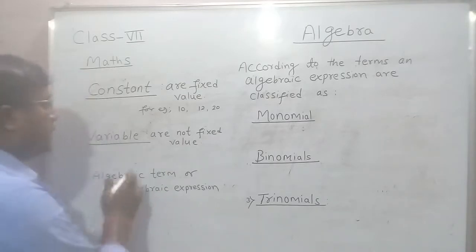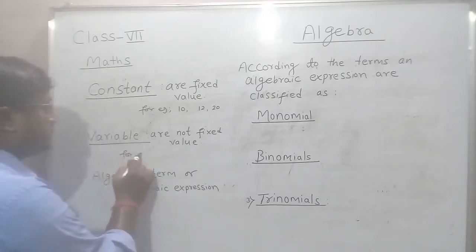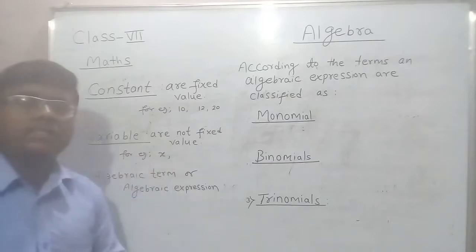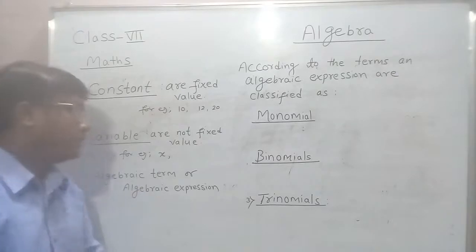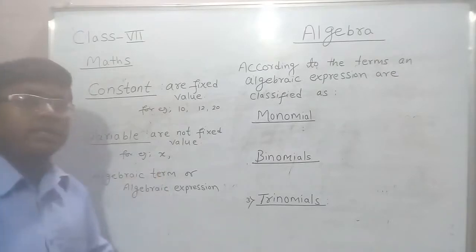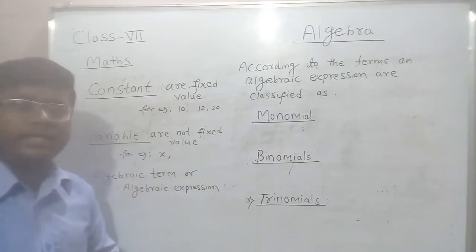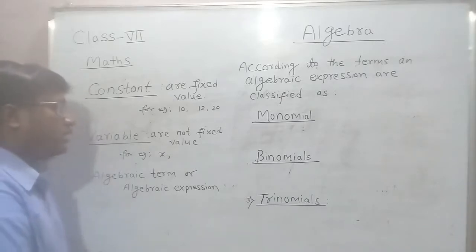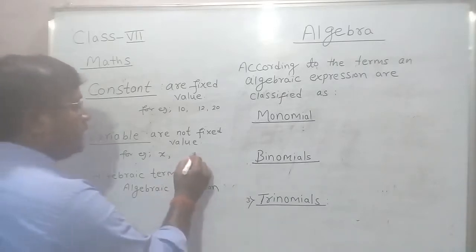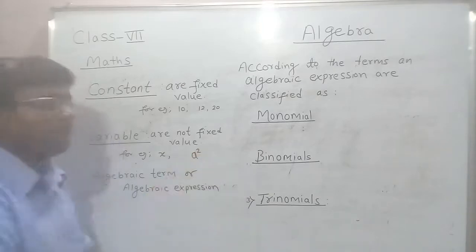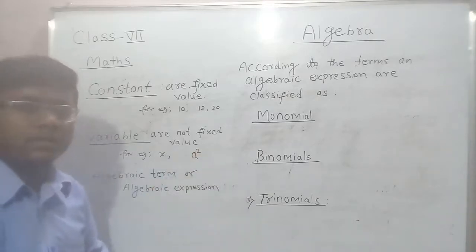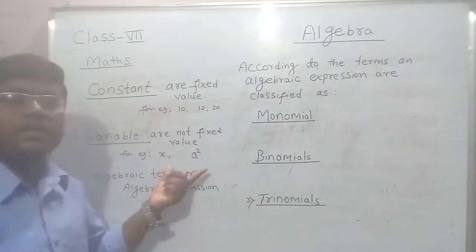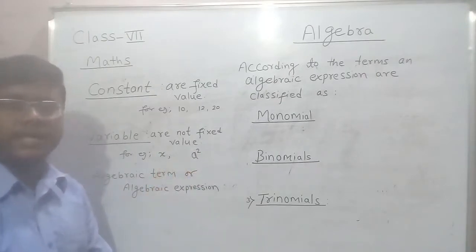For example, if I say x, what is the value of x? It is not fixed. The value of x may be anything, it depends on our supposition. Similarly, if I say a square, it is also a variable, because its value is not fixed, it may change.